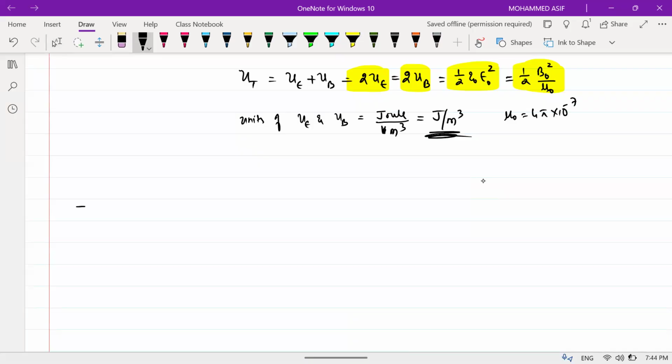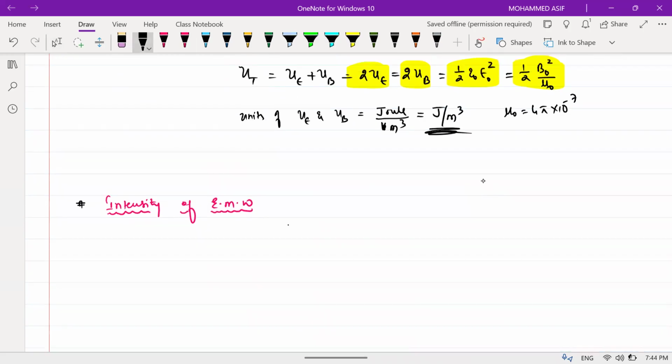And next one, again a very important formula, beta, that is the intensity of an electromagnetic wave. What is the intensity of an electromagnetic wave? Do you remember the formula? Intensity is equal to power divided by area. I told you this one in dual nature also.